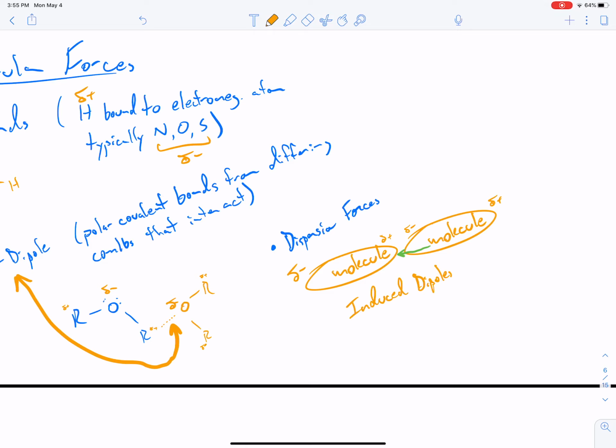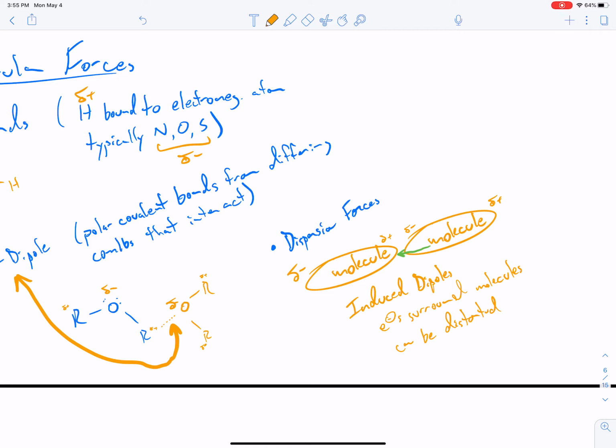And that's just because the electrons that surround molecules can be distorted. So they kind of get pushed. It's kind of like, what do we call this? We could talk about social distancing.